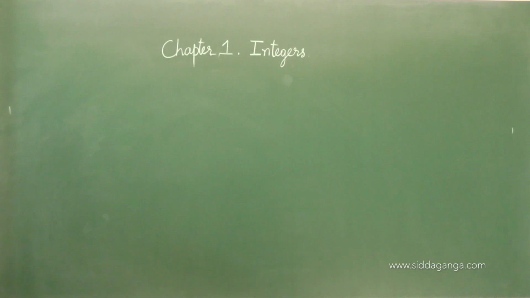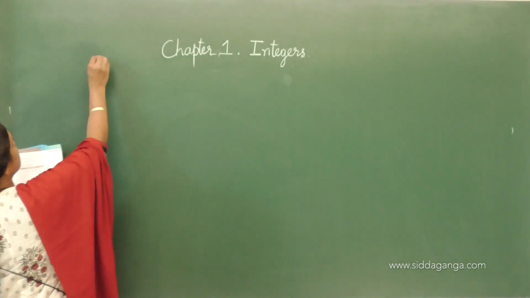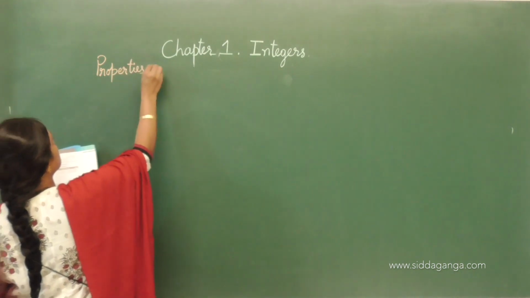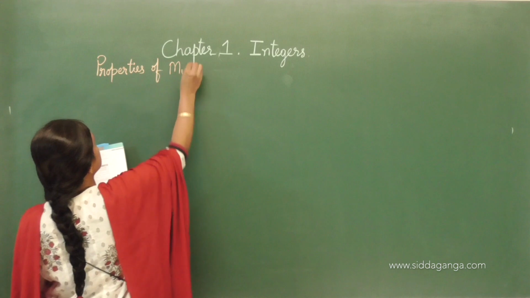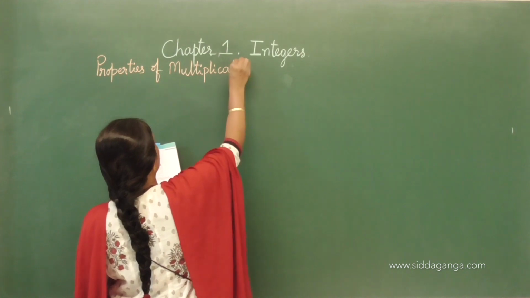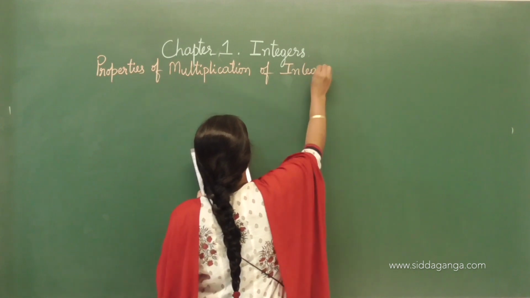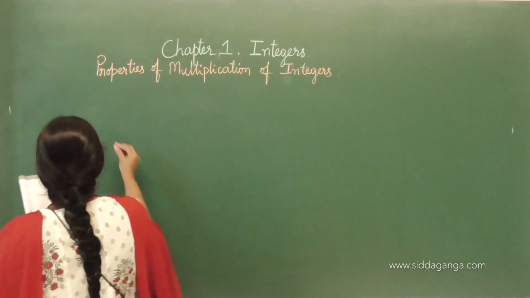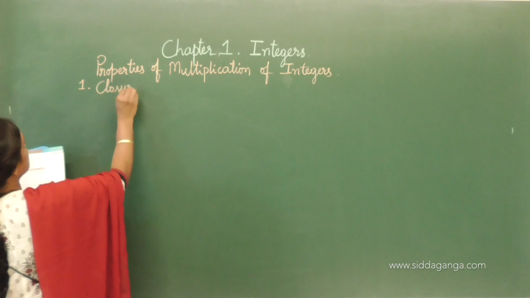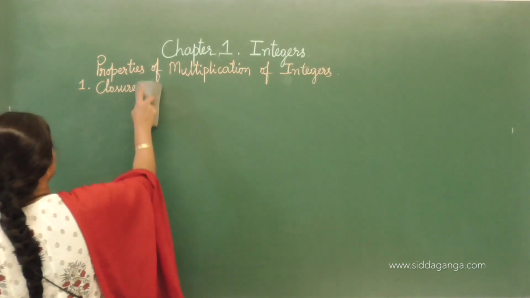Today the first one is properties of multiplication of integers. Under that, the first one is closure property, that is closure under multiplication.